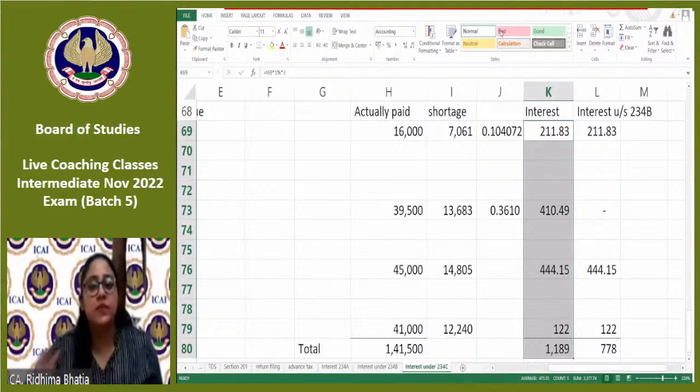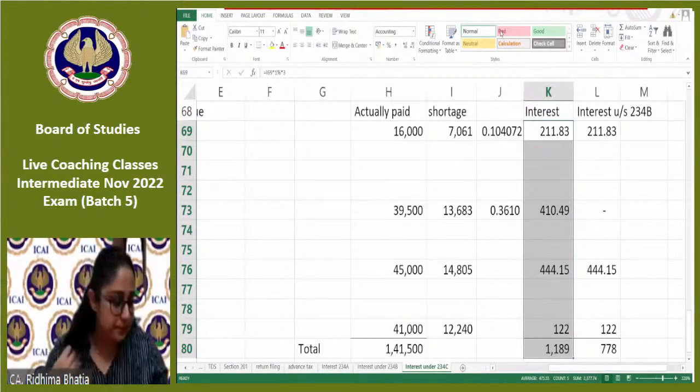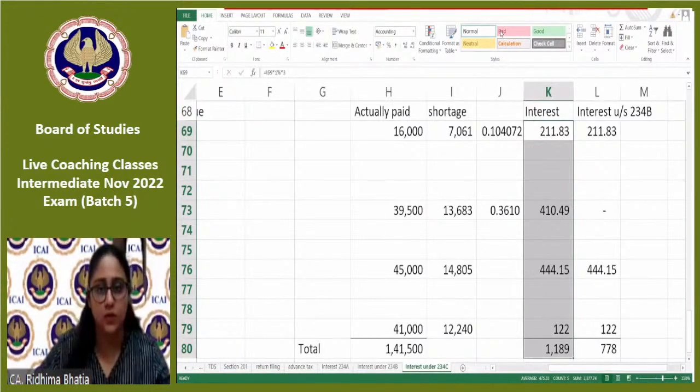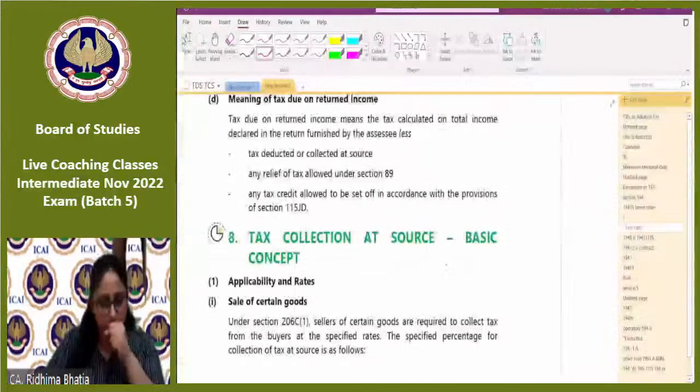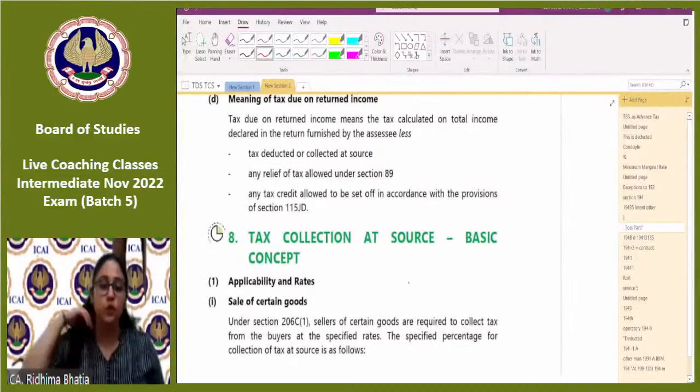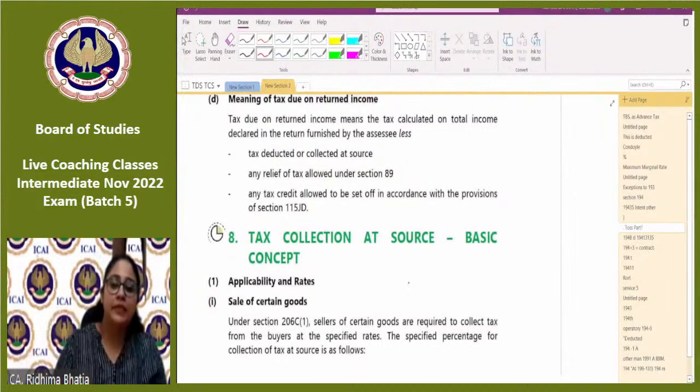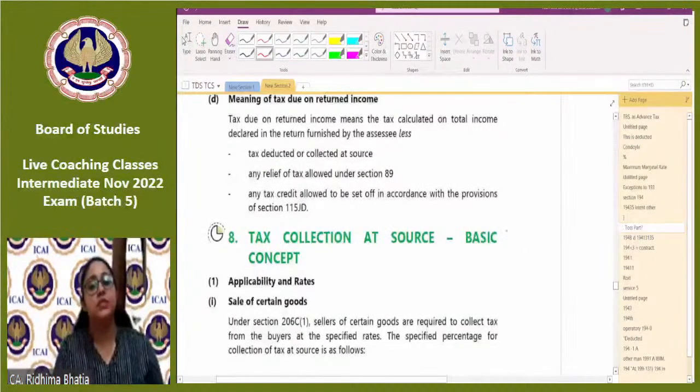Though TCS is given just as a basic concept, we are doing 5 sections in which TCS is to be collected.